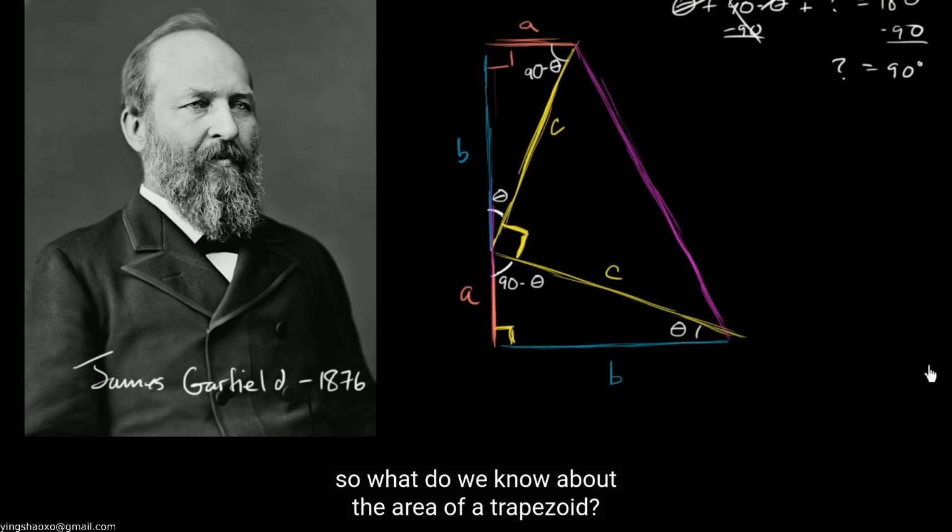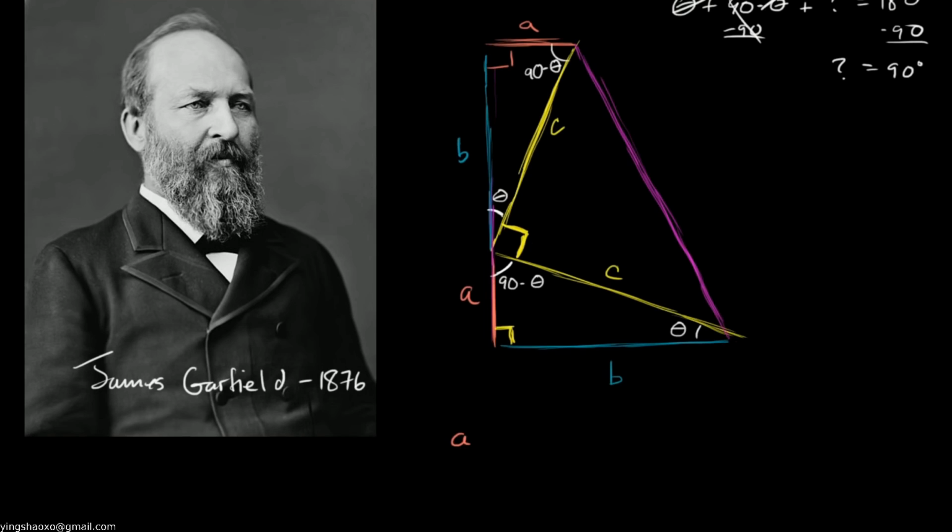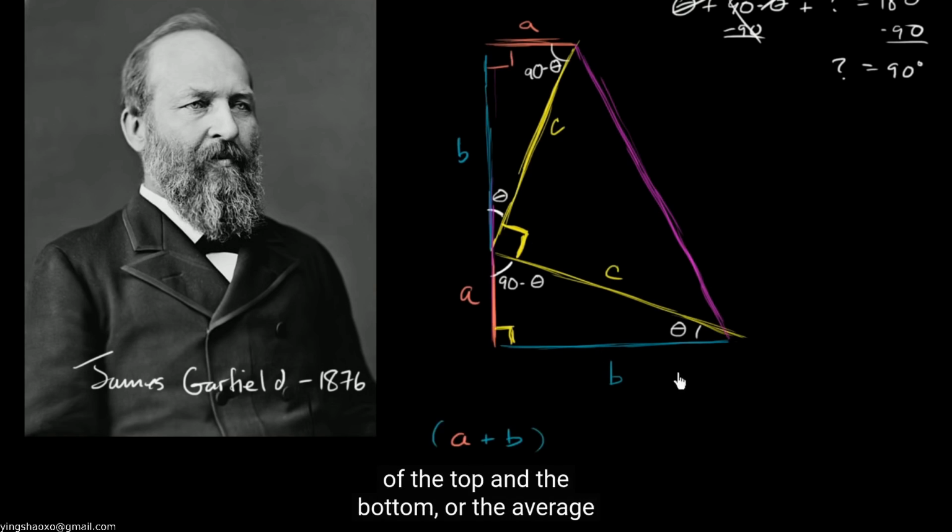So what do we know about the area of a trapezoid? Well, the area of a trapezoid is going to be the height of the trapezoid, which is A plus B, times, the way I think of it, the mean of the top and the bottom, or the average of the top and the bottom.